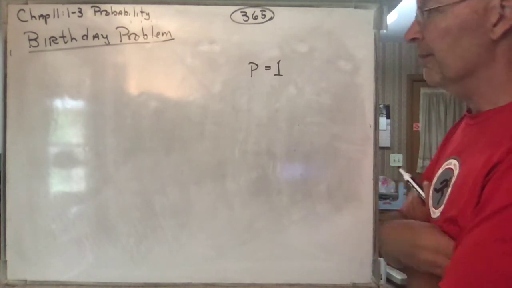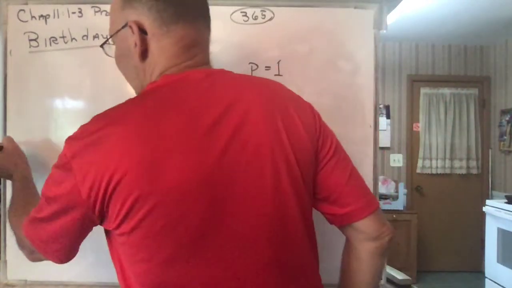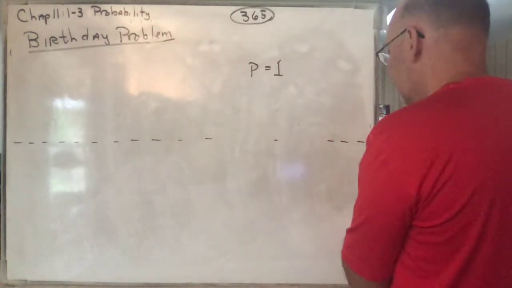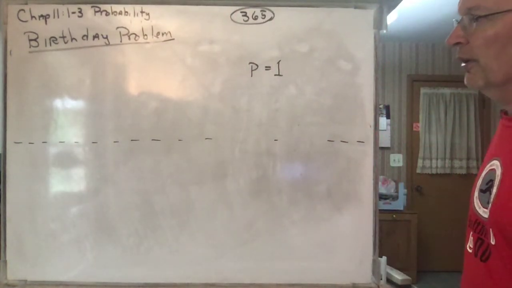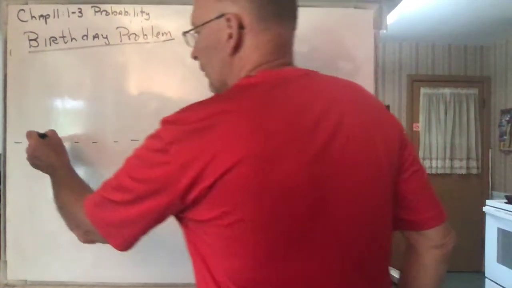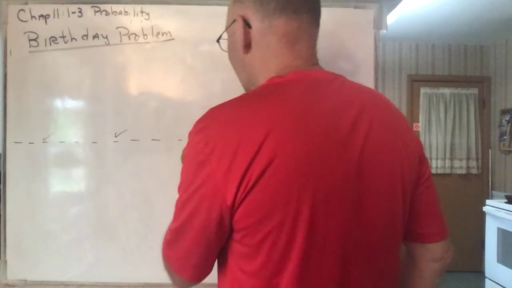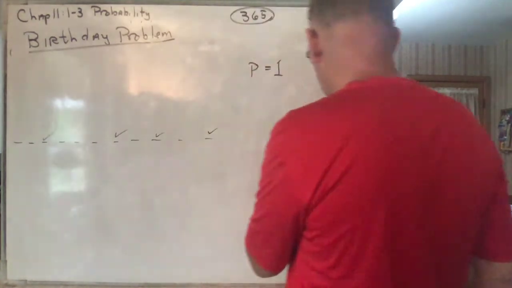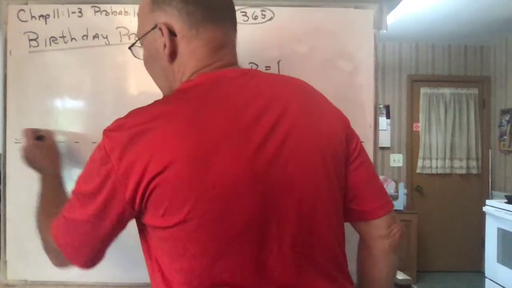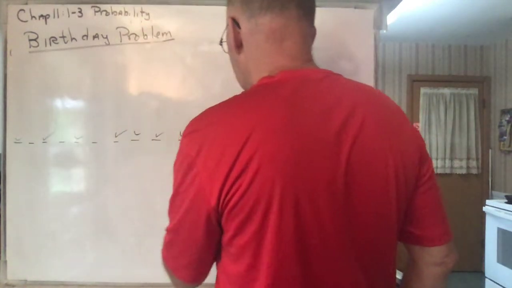Well, let's think about it. There's 365 days of the year. Let's list them all out like this. There they all are, just like our counting problem. If you had 15 people in the room, one could have a birthday that day, and one could have one that day, and one could be there, right? If you have 50 people in a room, they could be all over these places.